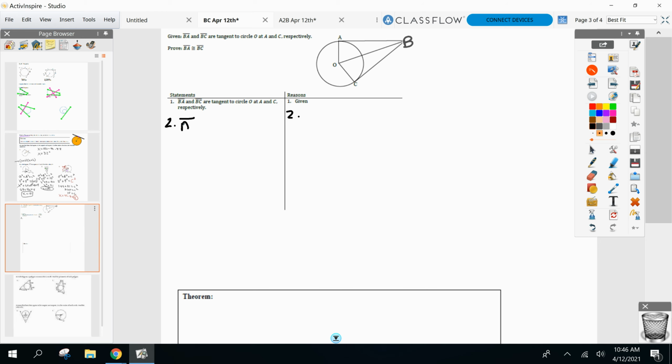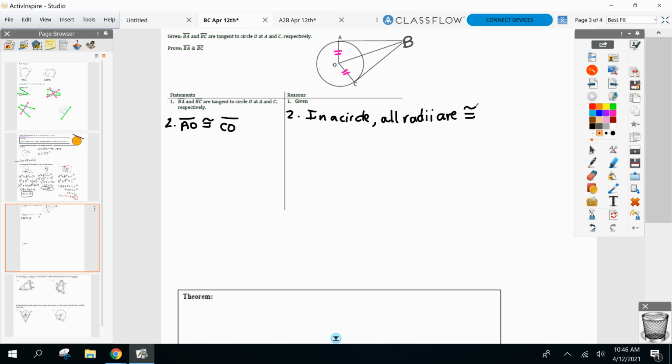I got AO congruent to CO. In a circle, gotta have that piece. In a circle, all radii are congruent. Good job, Ellie. I got a pair of sides.